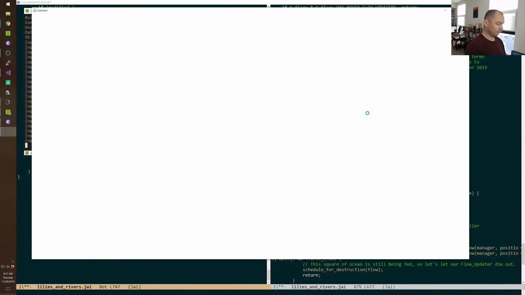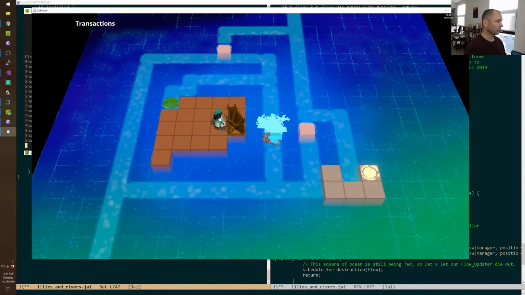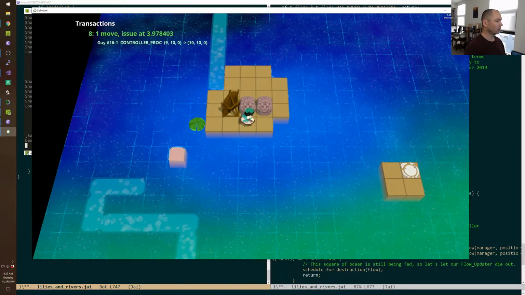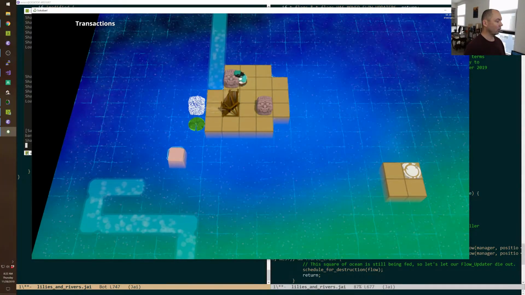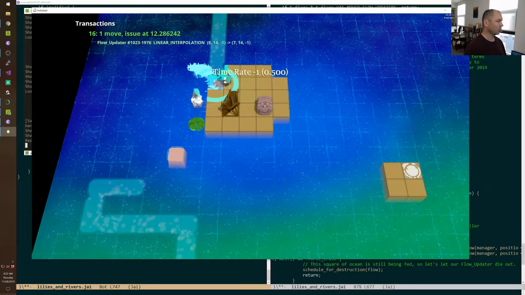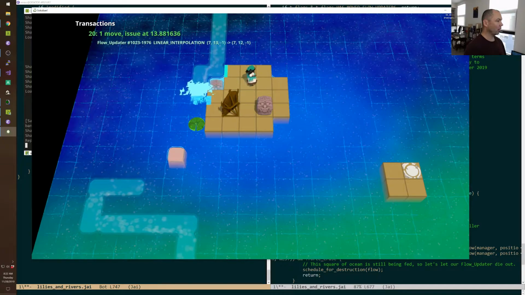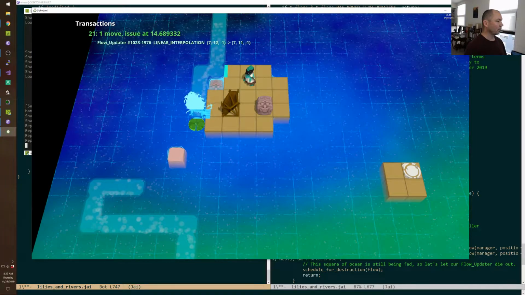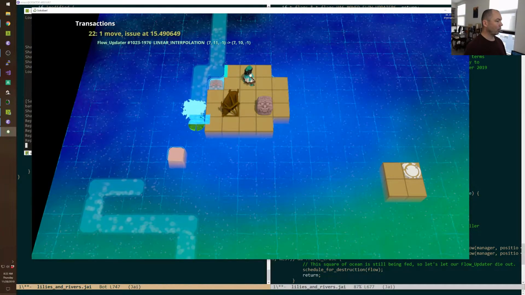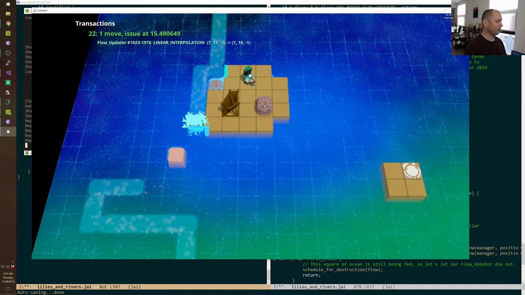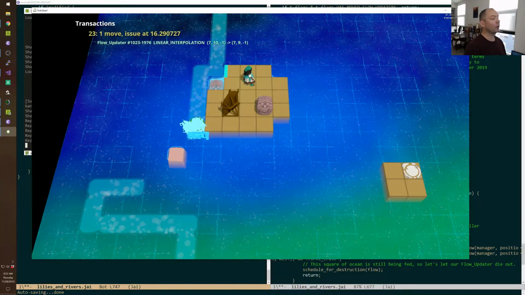So what's happening is, if we look at the transaction list here, once I push this into the water, we get this transaction with the flow updater in it, right? And that gets refreshed every time it ends. And the flow updaters and the lilies are in the same transaction, right?